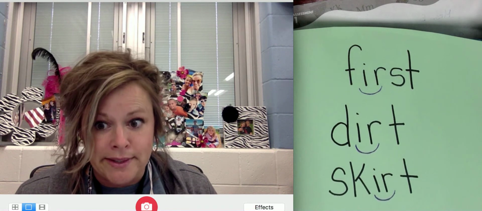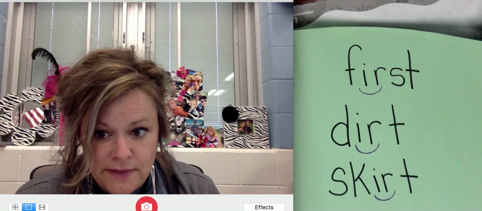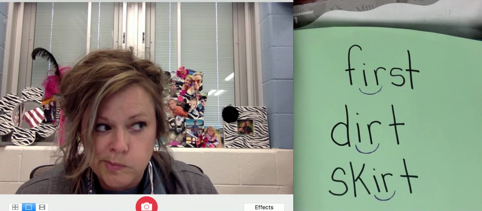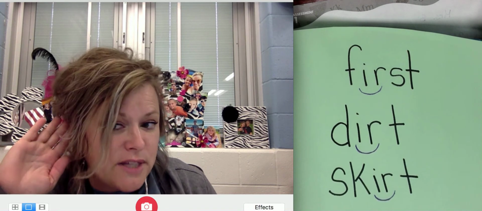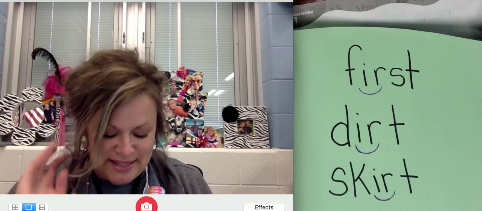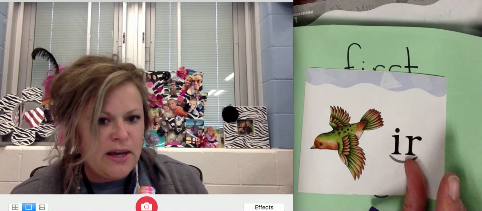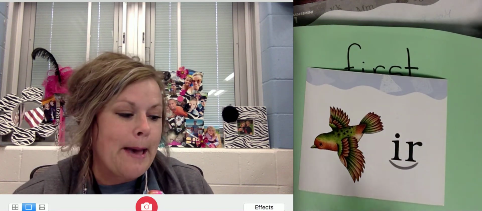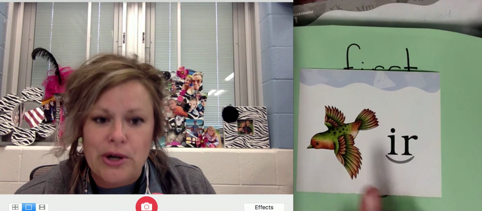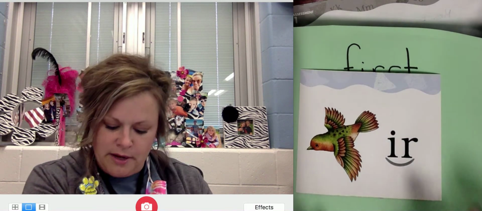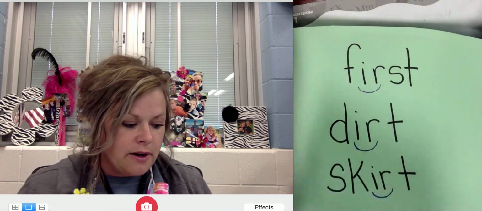This next clue is going to give it away. It has feathers, and it has wings. What do you think it is? Say it out loud if you know. I heard some. It's bird. Good. When you see this card, you say bird. Repeat that with me. Bird. Very good.